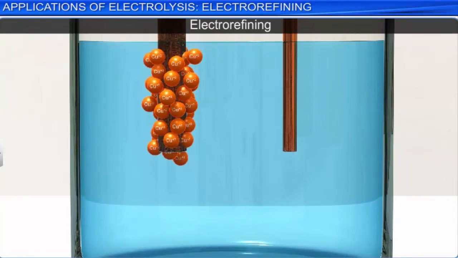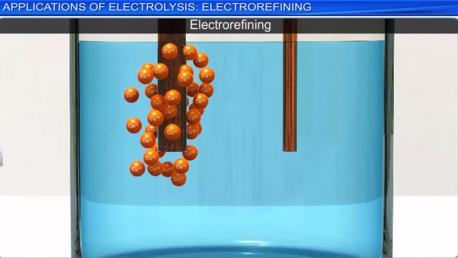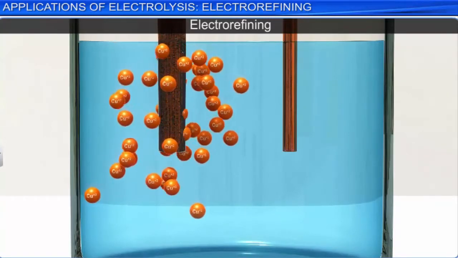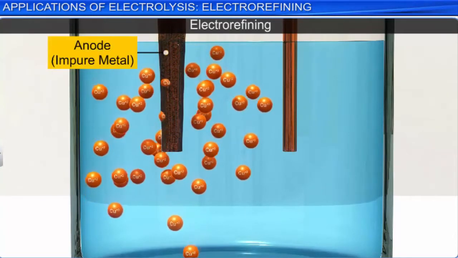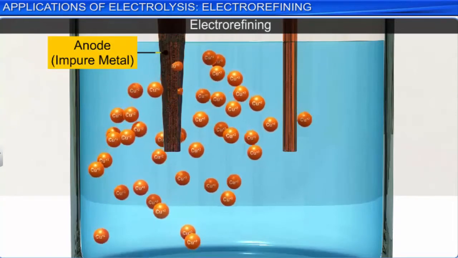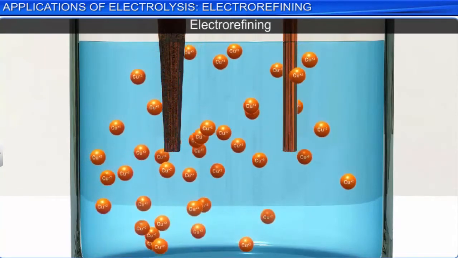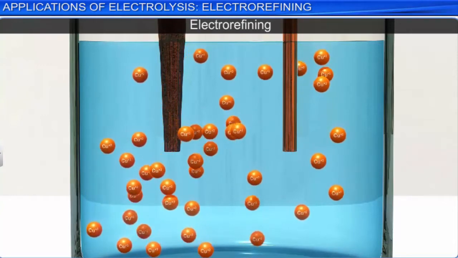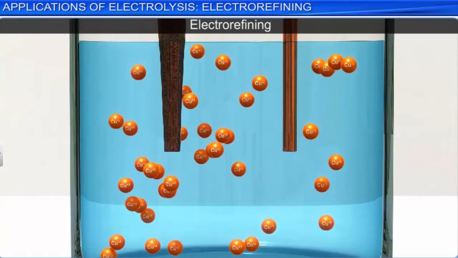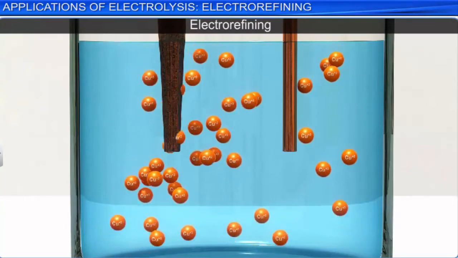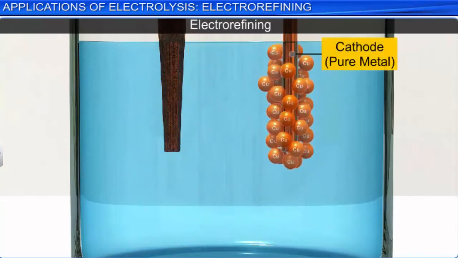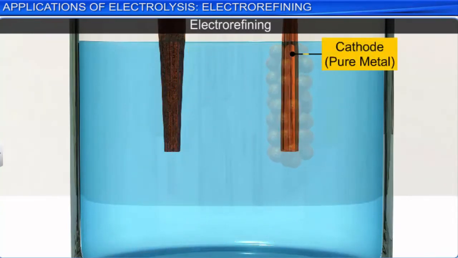These copper ions enter into the aqueous solution, so the anode decreases in mass. Next, these Cu²⁺ ions in the aqueous solution migrate towards the cathode and discharge there. Thus, pure copper is deposited at the cathode.